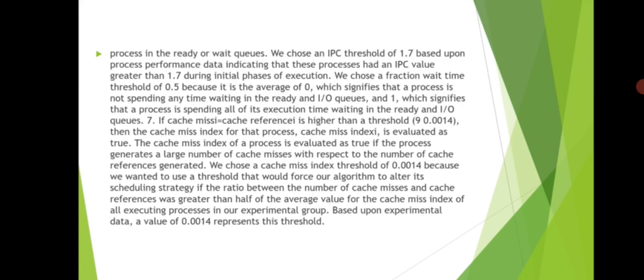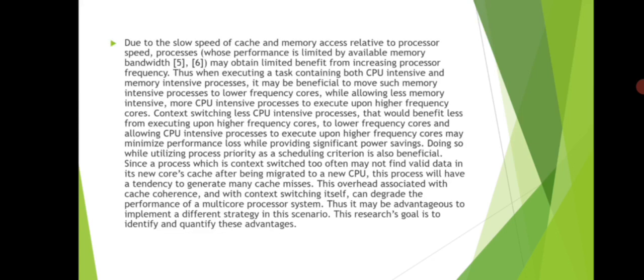We choose a cache miss index threshold of 0.0014 because the scheduling strategy uses the ratio between the number of cache misses and cache references of all executing processes in our experimental group. Based upon the experimental data, a value of 0.0014 represents this threshold.